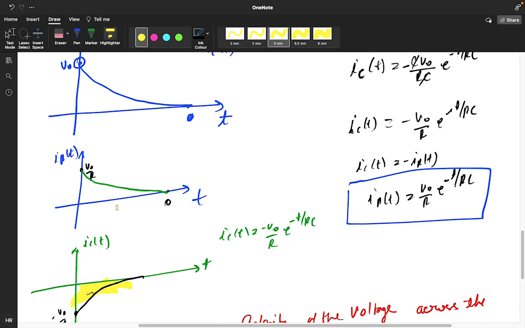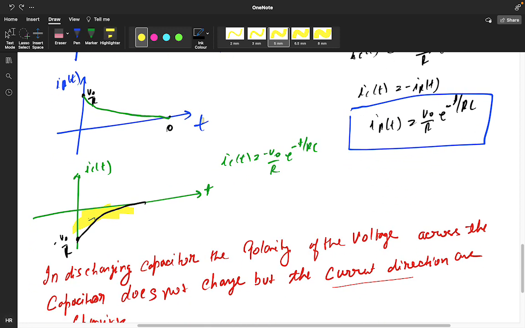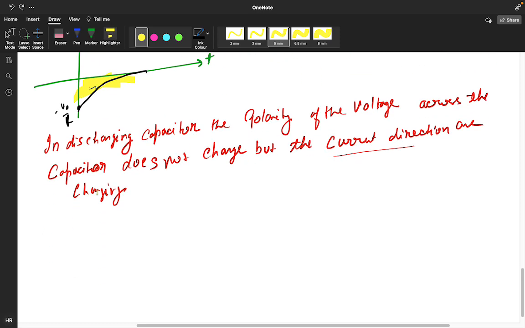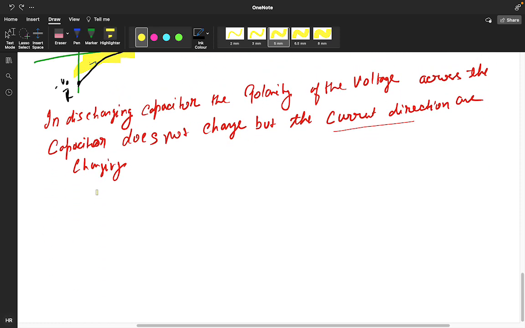But the voltage polarity, you see the voltage is in the first quadrant only. That's why we said the polarity of the voltage will remain the same. It's not crossing the 0 point, it's not coming downside. Okay, this is the story of the RC network.